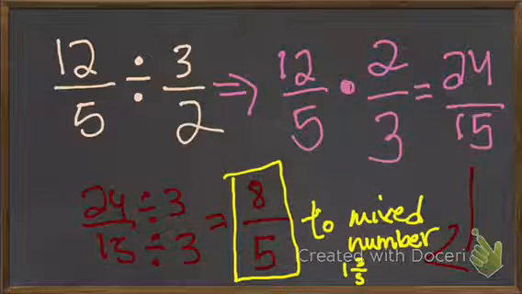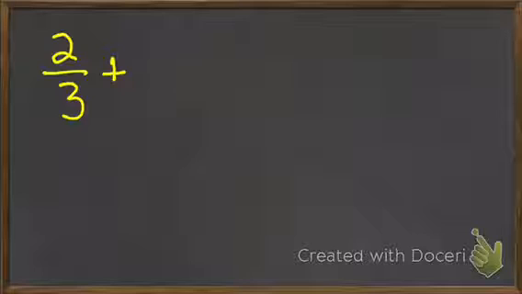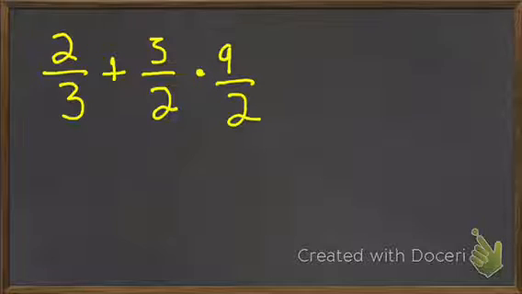And we can do one more example where we are doing order of operations with fractions. I'm going to erase this. So let's say we have 2/3 plus 5/2 times 9/2.